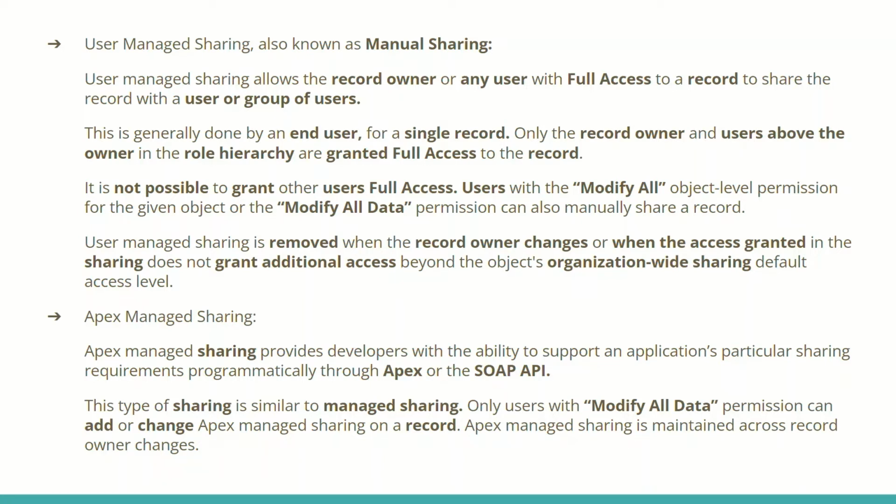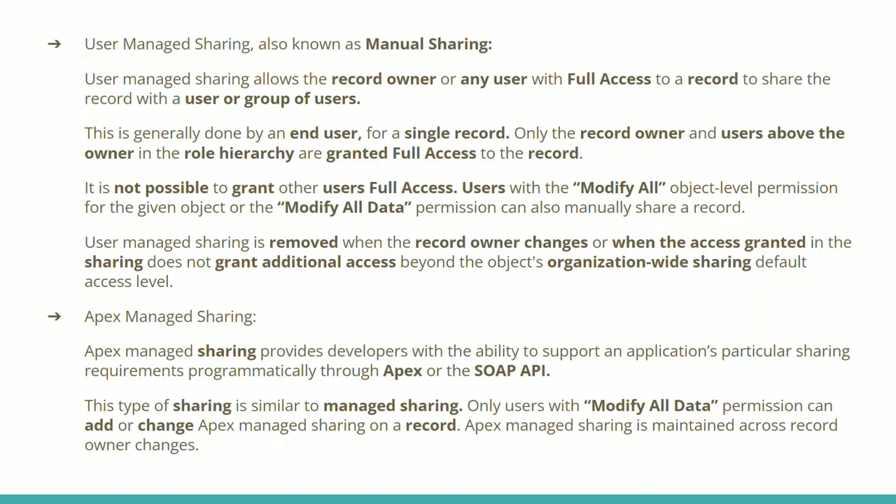User managed sharing is removed when the record owner changes, and the access granted in sharing does not grant additional access. Additional access means there will be no change in the profile on a record or user level, so you will not get access to the manual sharing button, or to edit or delete that particular record.